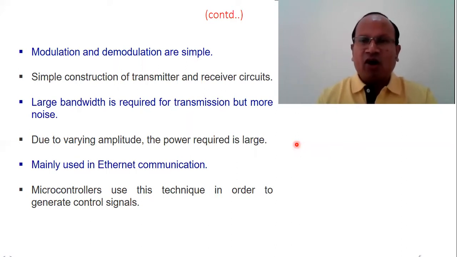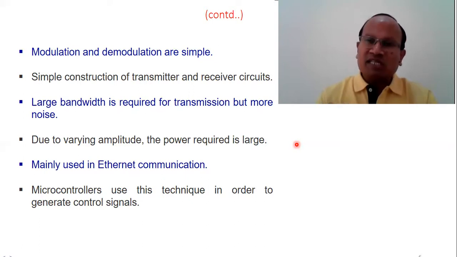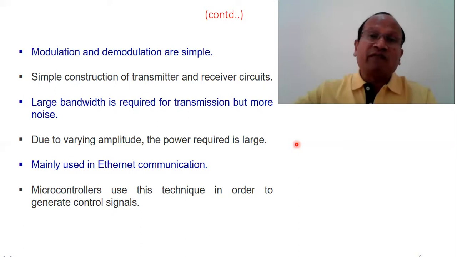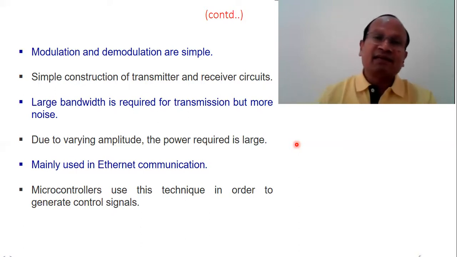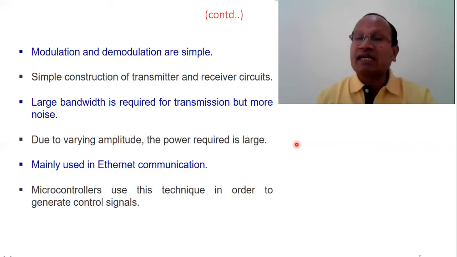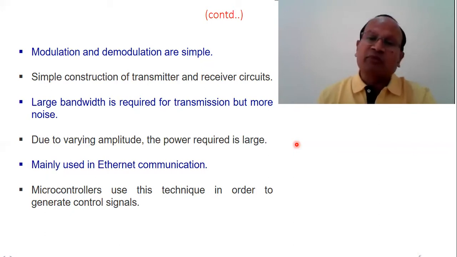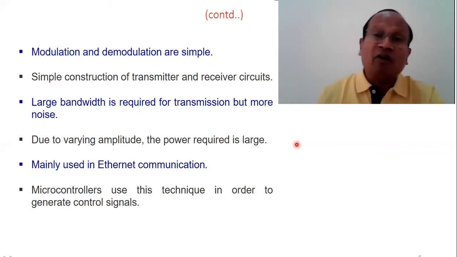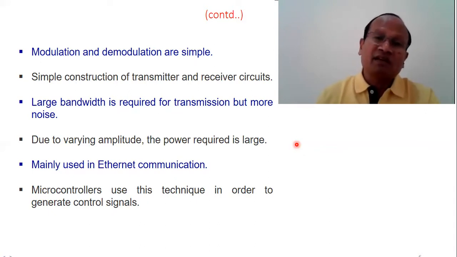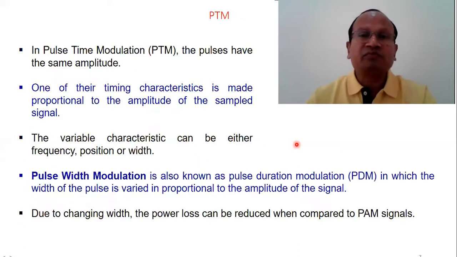When I'm changing the knob, or changing the amplitude of the input signal, the pulses which are sent to different blocks or stages must accordingly follow that amplitude. This exactly happens in PAM, and therefore in microcontroller based operations, this PAM signal is very useful. Next is PTM.